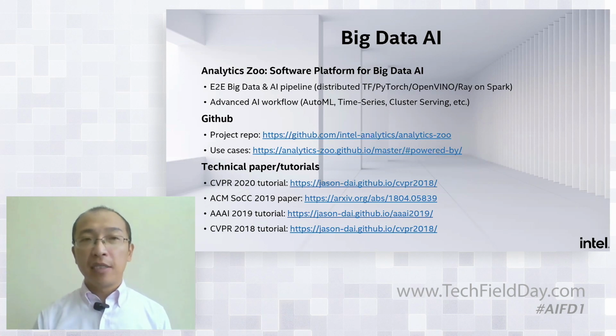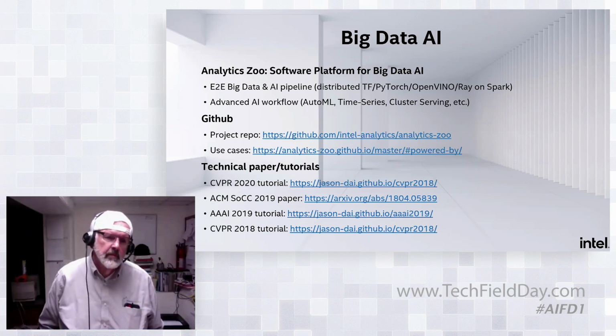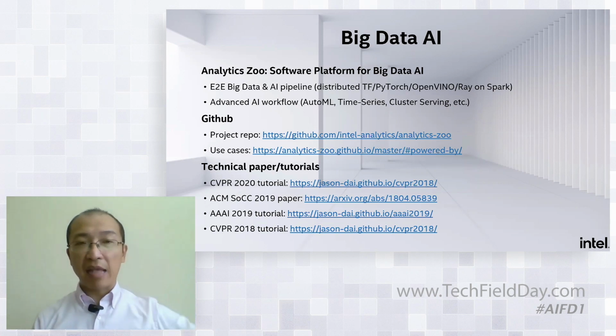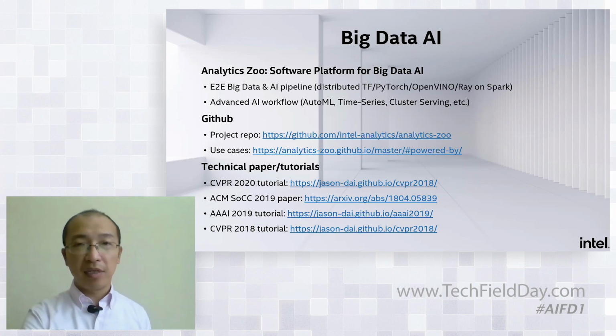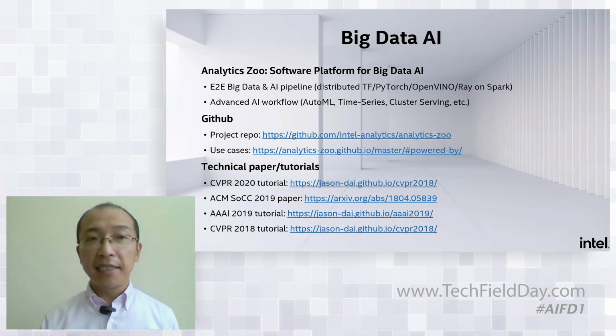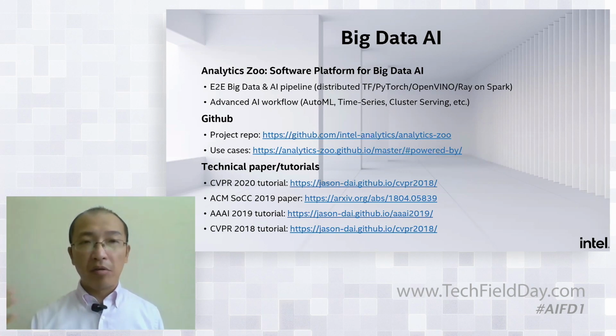So to recap, there are two challenges. First of all, in your production data environment, the data is managed by your production big data pipeline. You have Kafka, you have Elasticsearch, you have Parquet, and you have Hive and Spark and everything to analyze the data. How can you directly apply your AI models into your big data pipeline, big data platform?